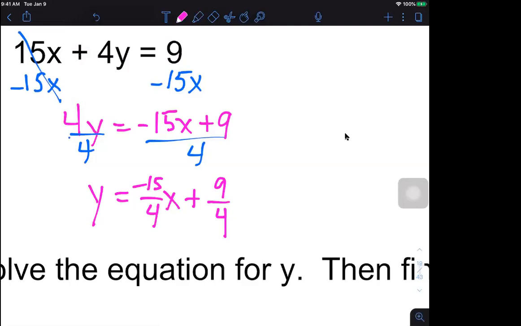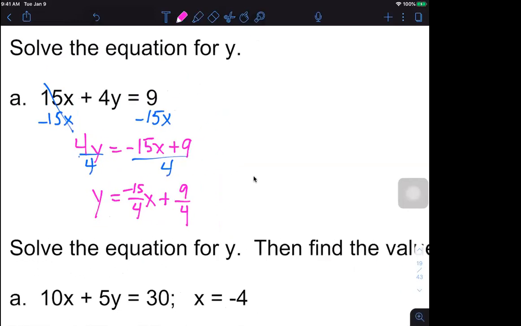Both of those are actually in the lowest form. And remember, we do not want to have a decimal here, so we leave them as is. 4 does not go into 15, and 4 also does not go into 9. So these 2 are reduced.